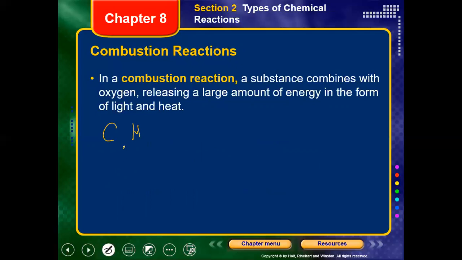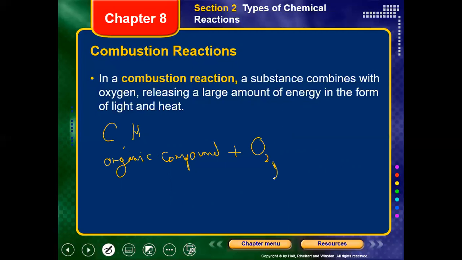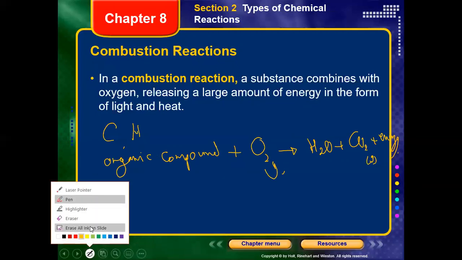When an organic compound reacts with oxygen gas, O2 gas, the products are always the same: water, carbon dioxide, plus energy or heat.